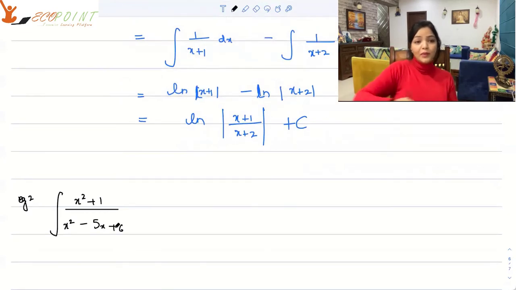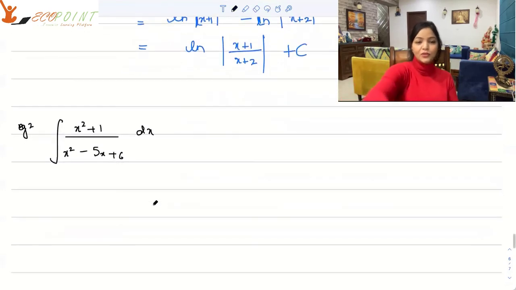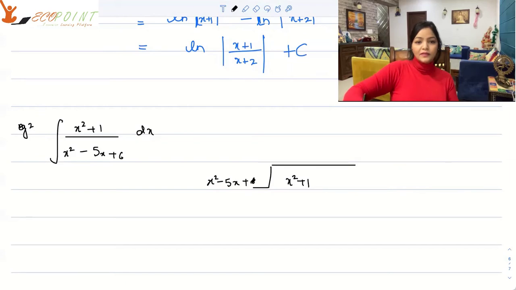So what did I mean by long division when I said all those things to you, the generalized form? What you can do is just divide. You can divide x square plus 1 by x square minus 5x plus 6. And as a result, what will you get?